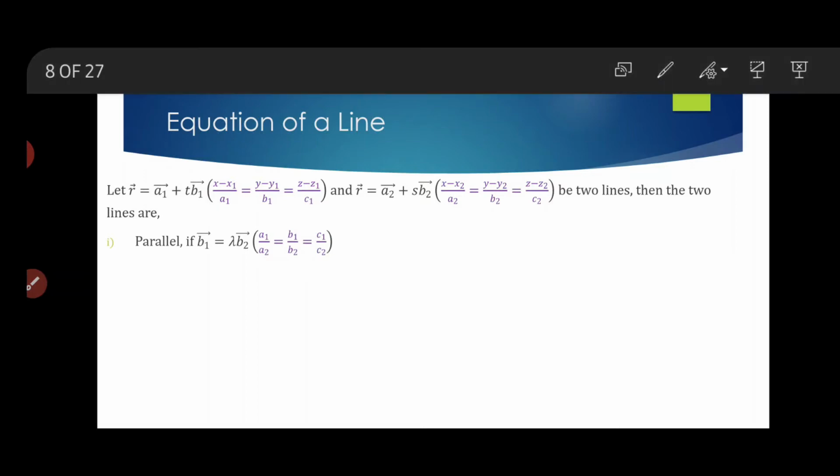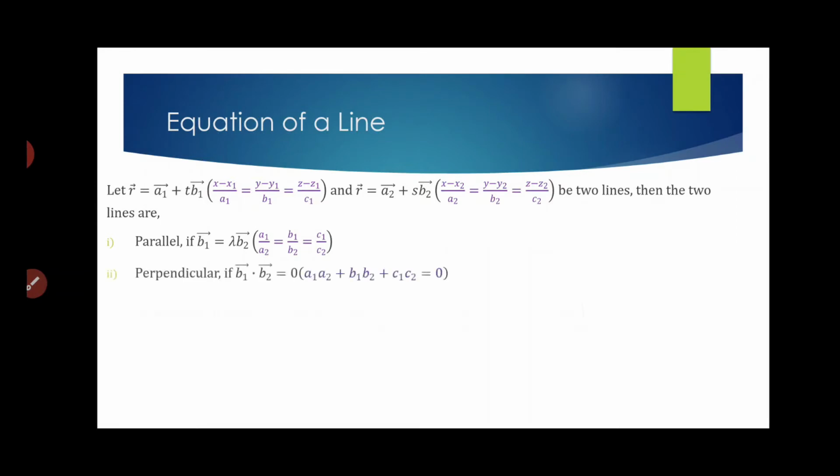Then next one, perpendicular. Obviously we remember that the dot product must be 0. So if the dot product of the directions of both the lines is 0, that means the lines are perpendicular.